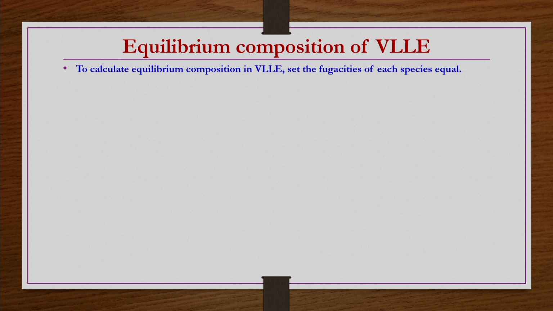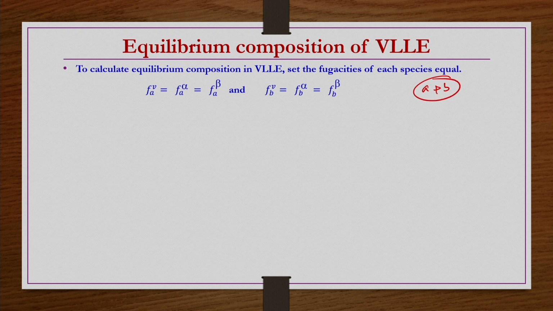To calculate the equilibrium composition in VLLE, what we have to do? We have to set the fugacity of each species equal. So if you do, FAV is equal to FA alpha is equal to FA beta, and FBV is equal to FB alpha is equal to FB beta. We are taking only a binary system having A and B components.